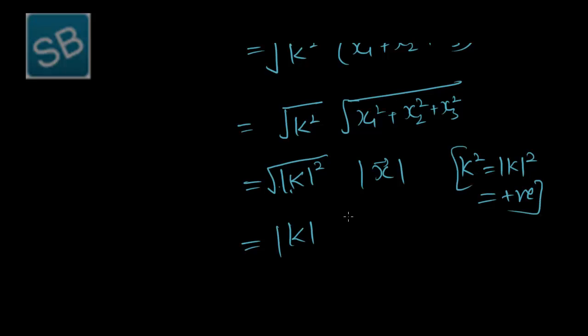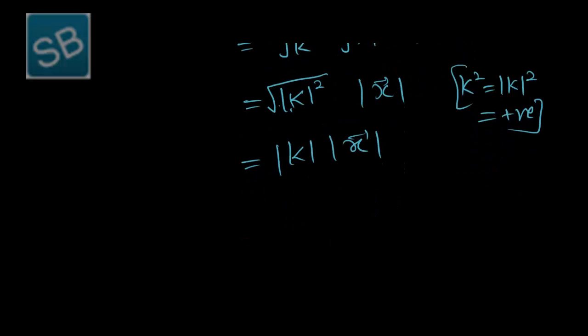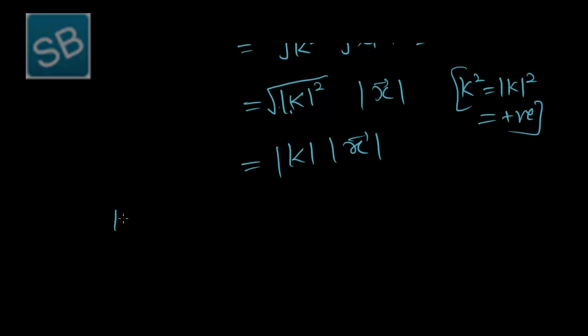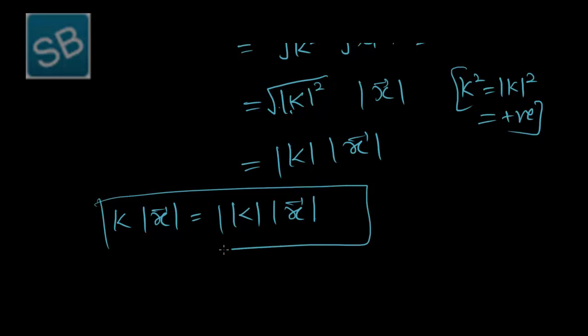So we get modulus k times modulus x. So if we multiply k with x, the magnitude gives the positive value of k, modulus k, times modulus x. This is the third property of the magnitude of a vector.